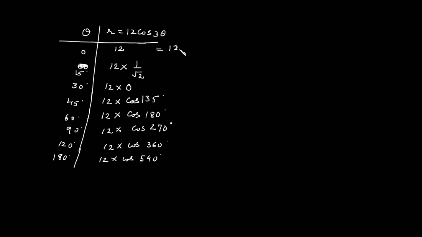So here it is 12, here it is 6 into square root of 2, here it is 0. Now the value of cos 135 lies in the second quadrant, so it should be negative, right? It's minus 12. At 270, it lies in the third quadrant, it is also negative 1.